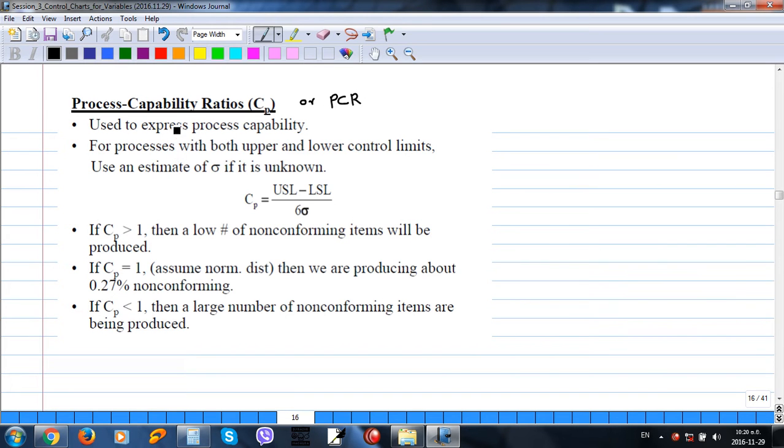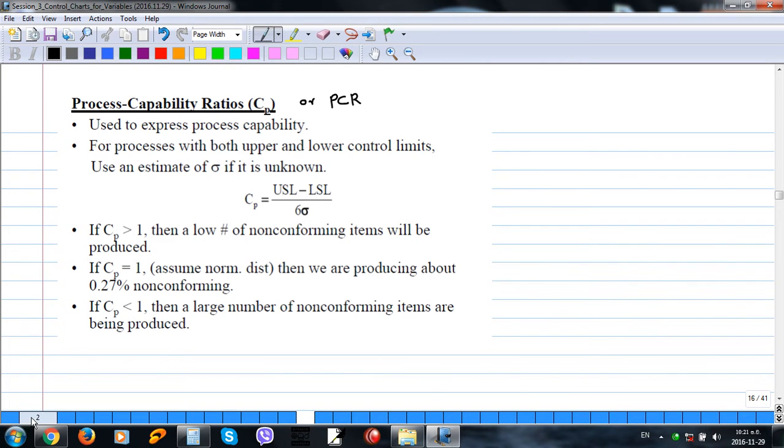The process capability ratio, we call it PCR or CP, is used to express the process capability for processes with both upper and lower specification limits, and uses an estimate of sigma. If sigma is unknown, you can write CP equals upper specification limit minus lower specification limit over 6 sigma.